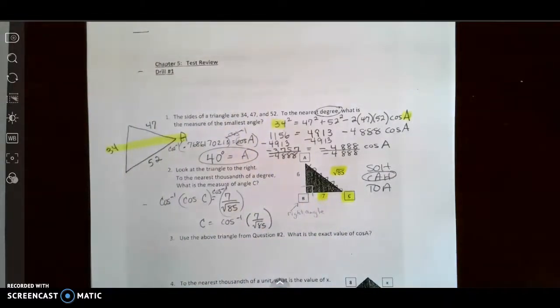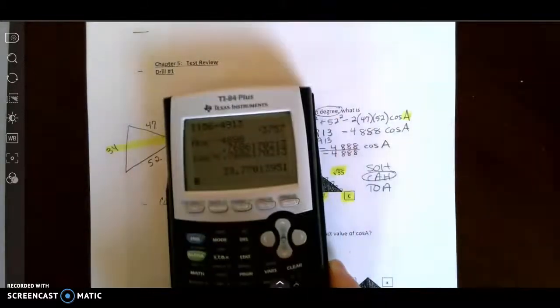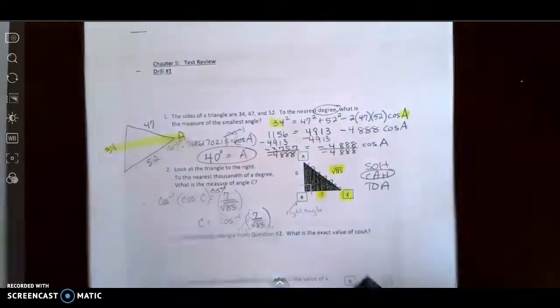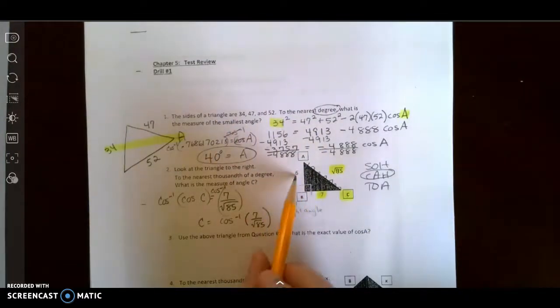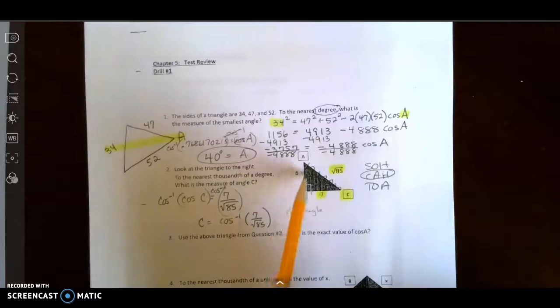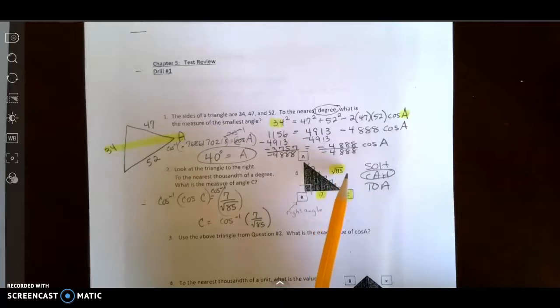I'll be careful when I put this in my calculator. Oh, you know what I realized? I also have 6. I could have used 6. I think I'd rather use the 6, actually. I don't know why I didn't see the 6 here when I was doing this. I would probably have done inverse tangent instead and done 6 over 7. That would probably actually be a lot easier, so that I don't have to worry about a square root in the denominator and all my parentheses.